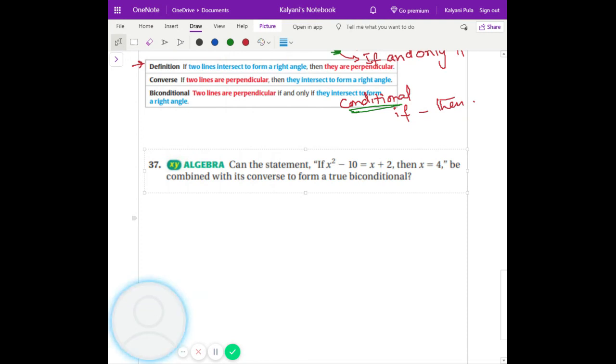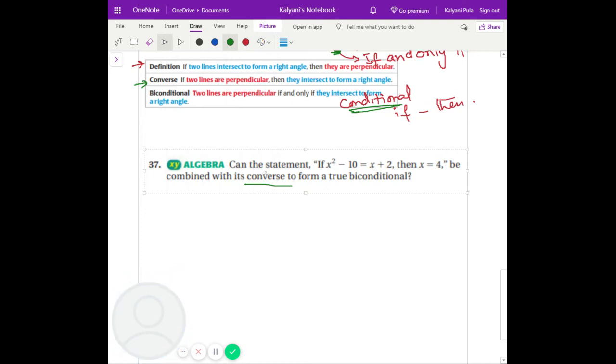Let's talk about it. First, you have to create the converse statement.